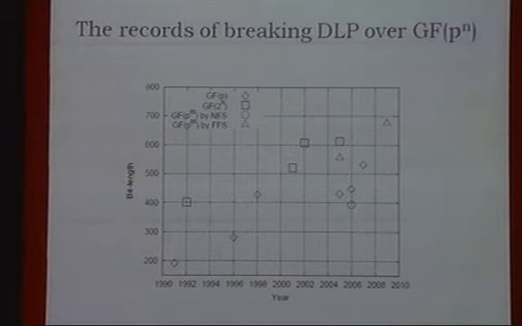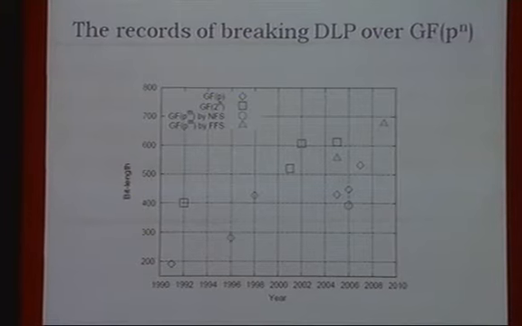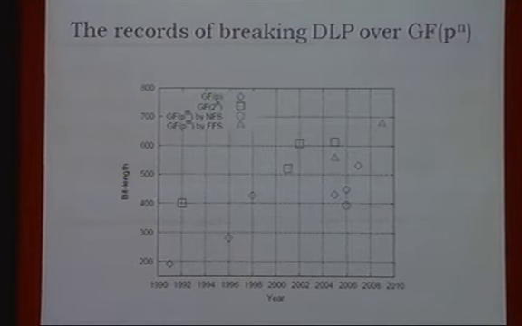And the first number field sieve implementation was done here, 98. This was implemented by Denny and Weber in those days in Germany. And this is more than 400 bits.